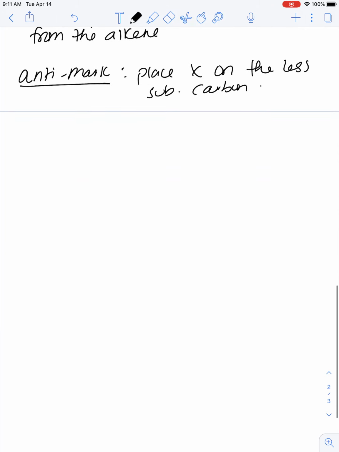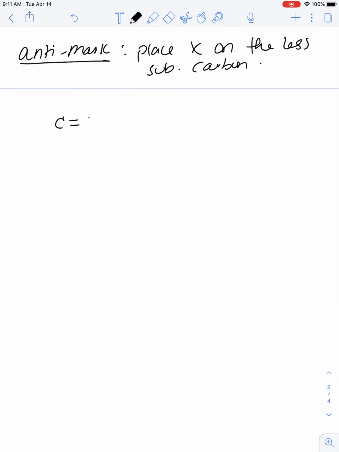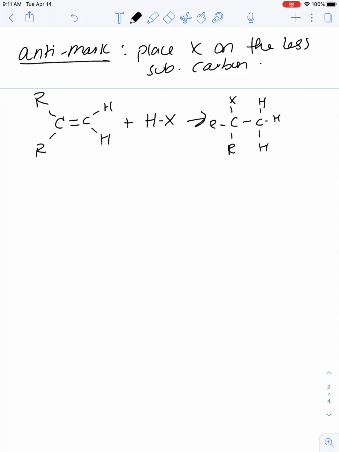But if we look at a general scheme of that right now, if we have something that looks like this alkene, and say we're adding a strong acid to the alkene, what's going to happen is we have the formation of two different products. So we can have the formation of this product here, plus the formation of this product here.